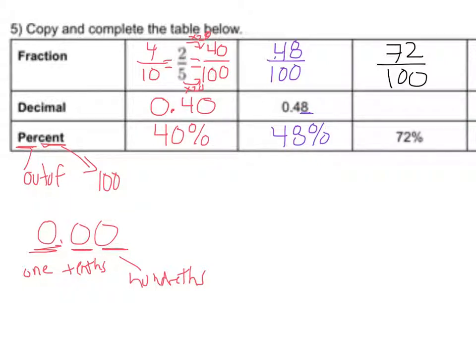And that will also tell us our place value of 72 hundredths. We could also reduce 48 100ths, which is equivalent to, if we divide by 4, 12 25ths. And 72 hundredths we can also reduce, also divisible by 4, which would be 18 25ths.